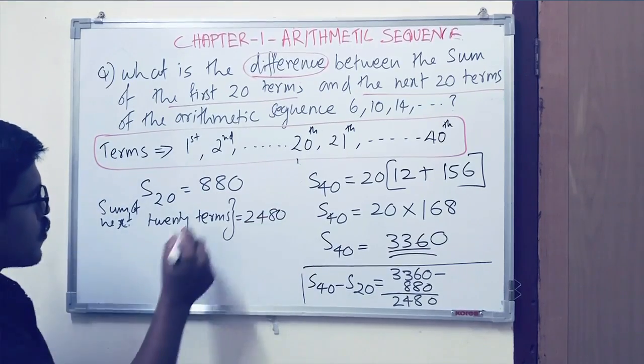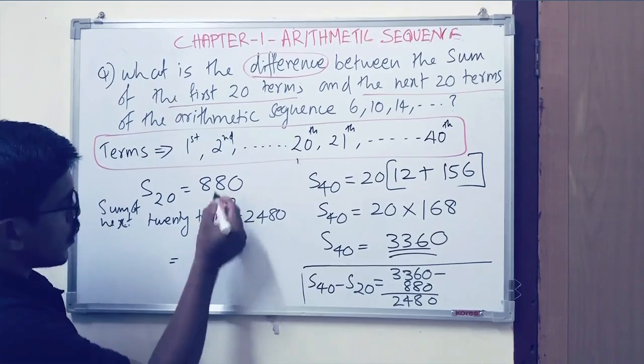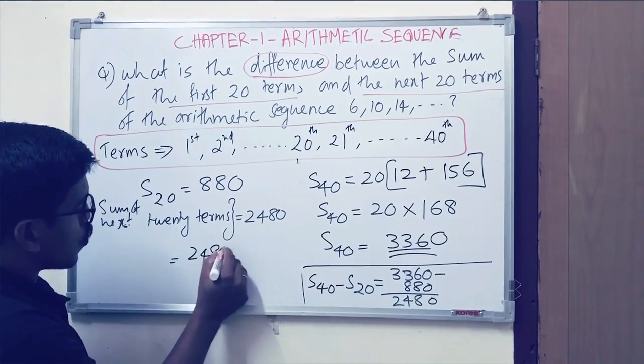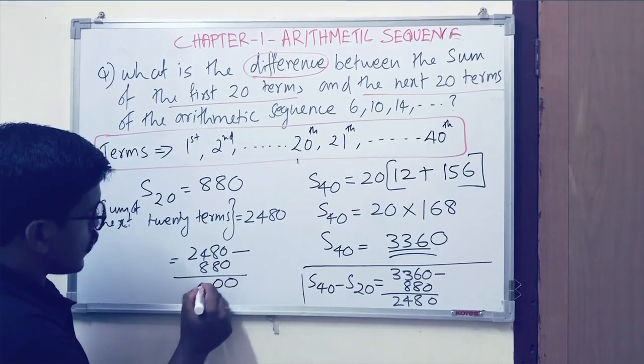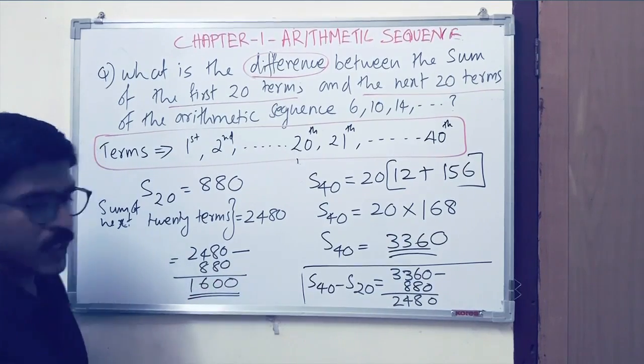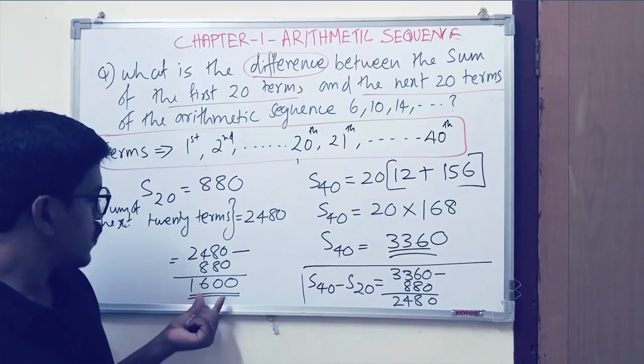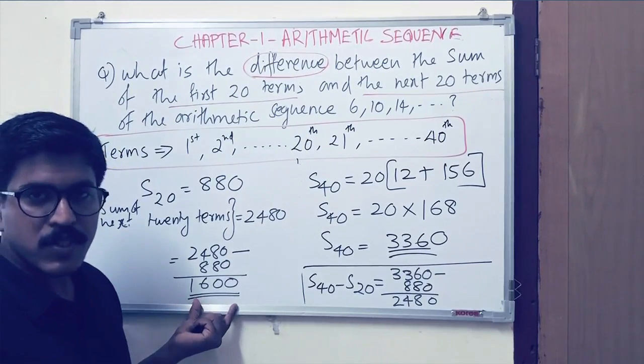Now we need to take the difference between these two sums, that is 2480 minus 880, that is 1600 will be our answer, that is here, 1600.